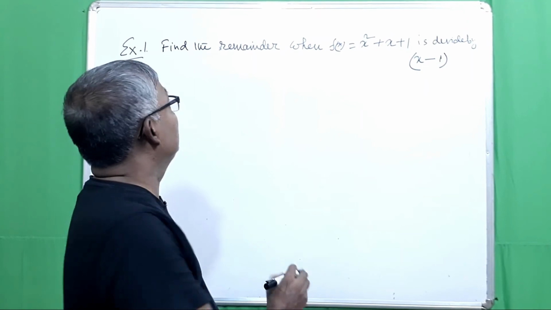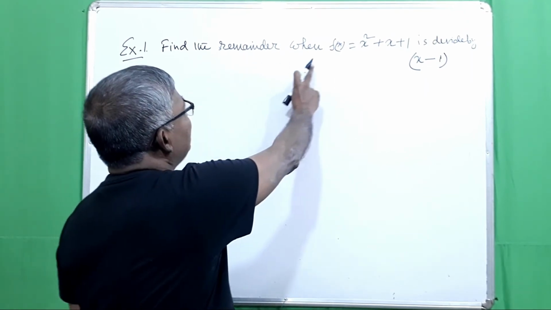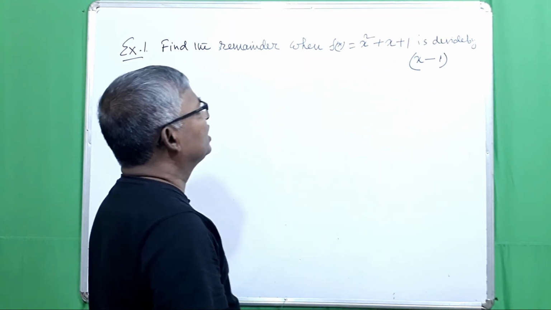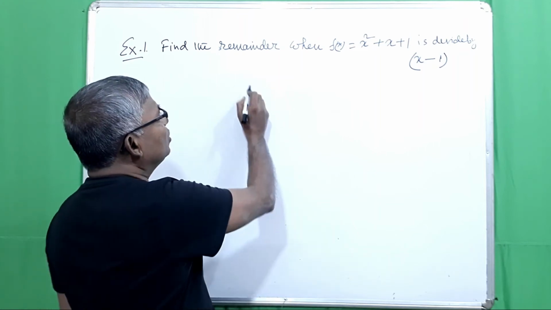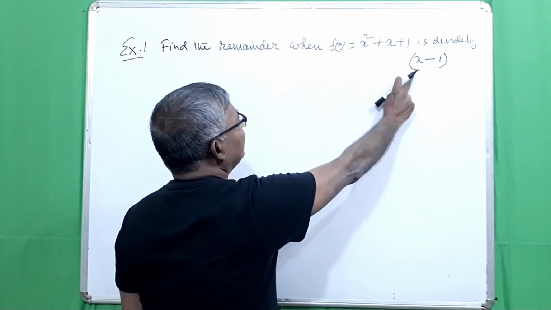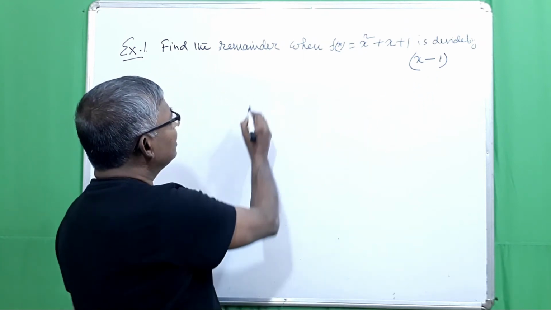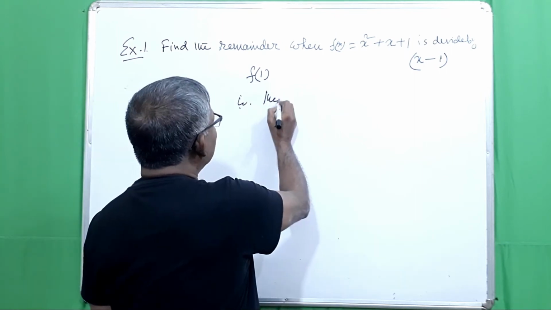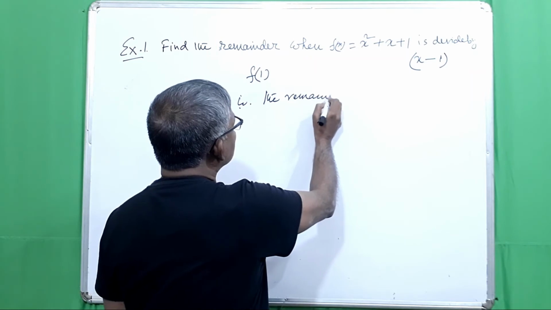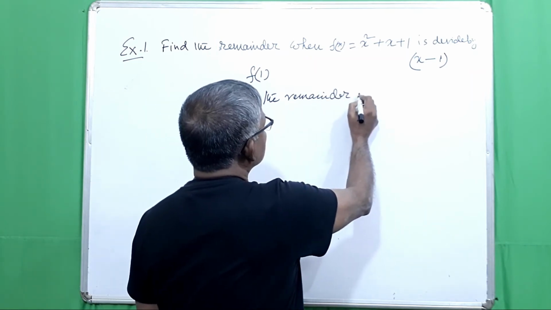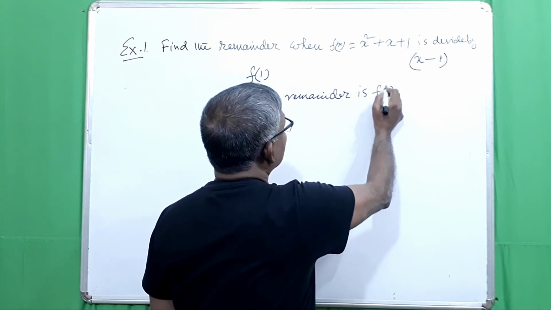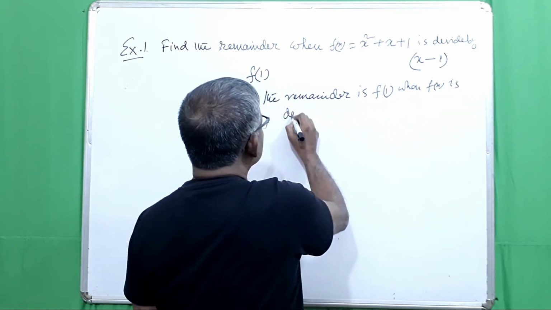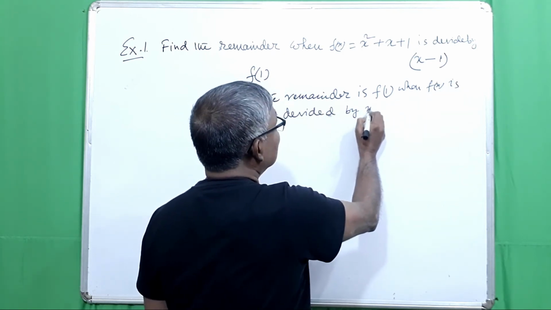Students, let us consider the problem. Find the remainder when f(x) equal to x square plus x plus 1 is divided by x minus 1. Students, we know when f(x) is divided by x minus 1, what would be the remainder? That is f(1). That is the remainder is f(1) when f(x) is divided by x minus 1.